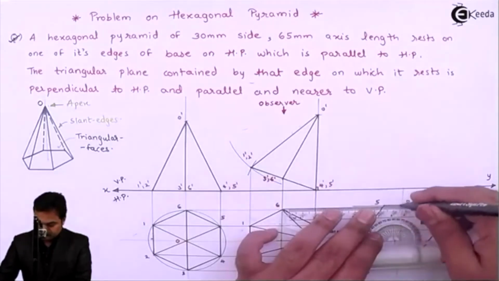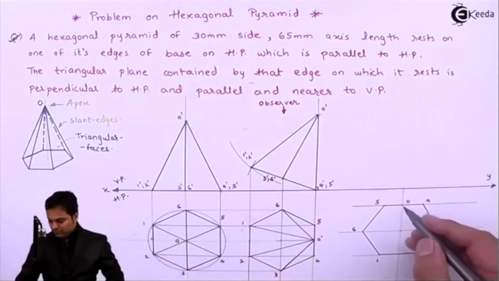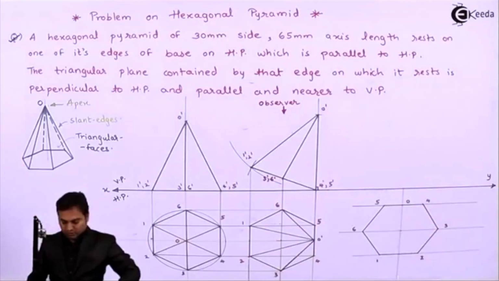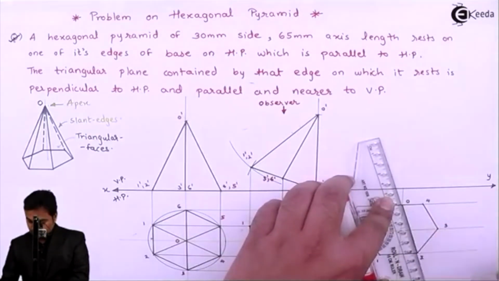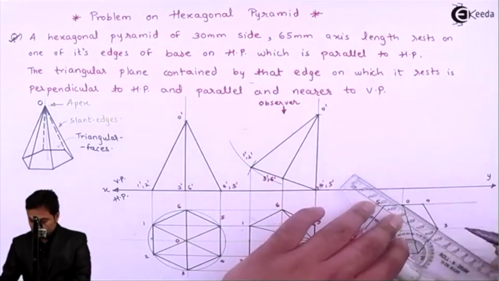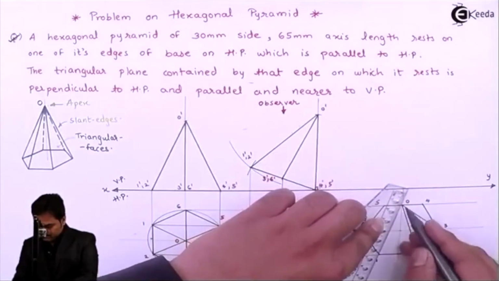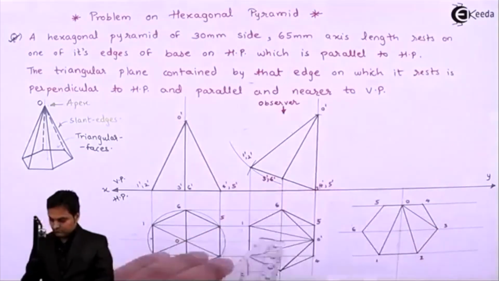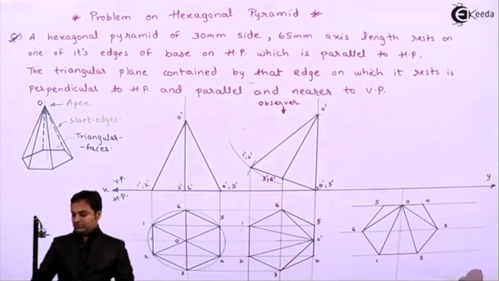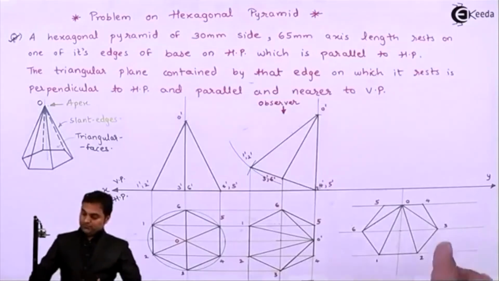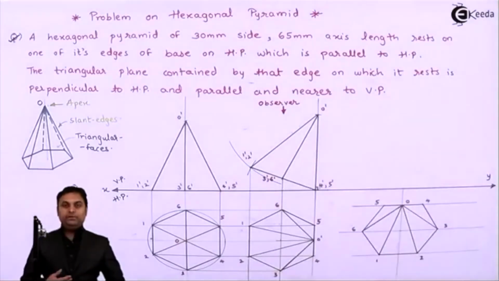Now this is apex connecting all the corners. So this is the hexagonal pyramid in which the triangular face is parallel to VP.